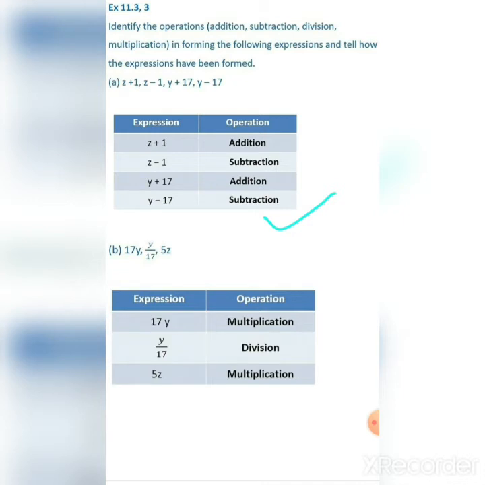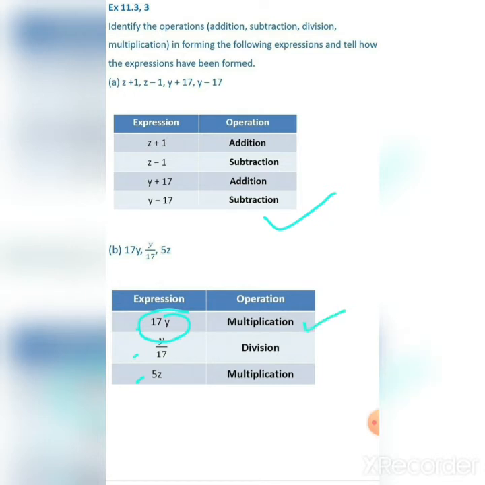Now the B question. First one is 17y, then y upon 17 and 5z. Three expressions are given there. In 17y, what you can see is 17 is there with y and no sign is in between them. If you find anywhere in mathematics that there is no sign in between, it is having multiplication operation in it.